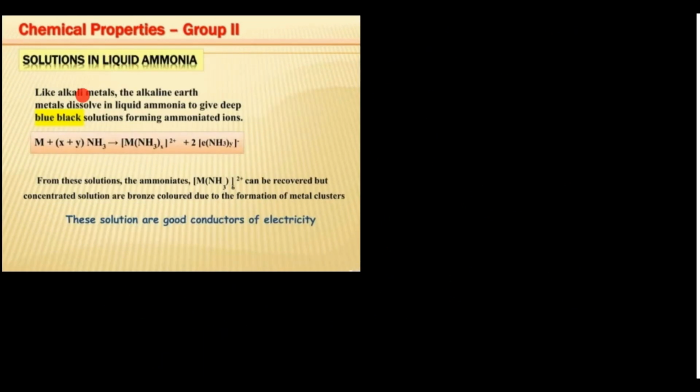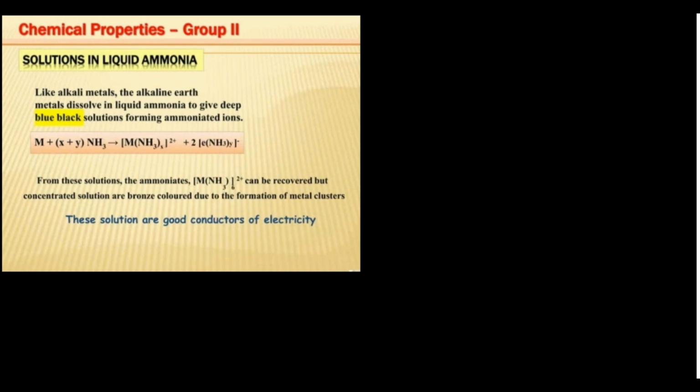Okay, fine. So solution in liquid ammonia is another very important aspect, and I have already told you this in my last lecture, where I explained the color. So what is written here is that alkali metals and alkaline earth metals dissolve in liquid ammonia to give a deep blue colored solution, forming ammoniated ions. So these are the ammoniated ions and these are the ammoniated electrons. But the explanation here is not very proper.